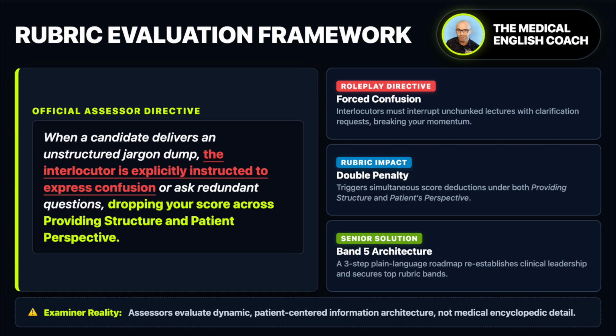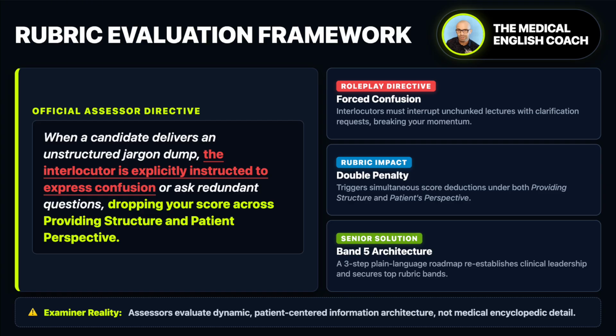Under official roleplay directives, this triggers forced confusion. The interlocutor must interrupt unchunked lectures with clarification requests, breaking your momentum. This results in a brutal rubric impact, a double penalty, triggering simultaneous score deductions under both providing structure and patient's perspective.